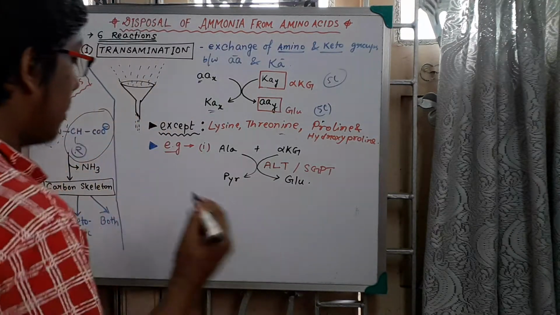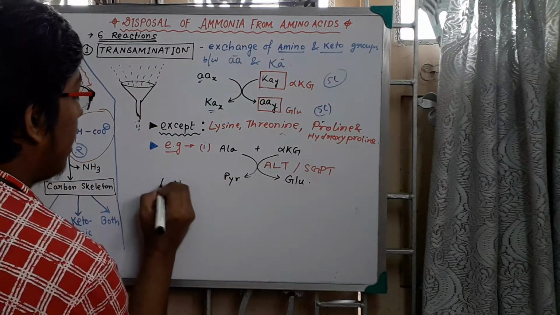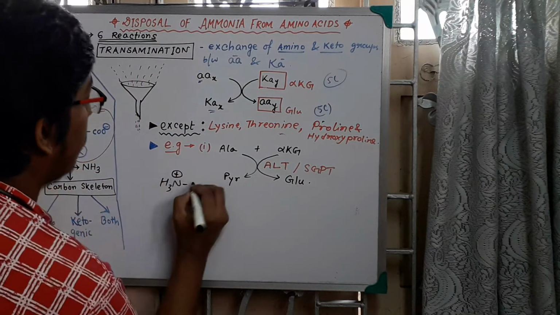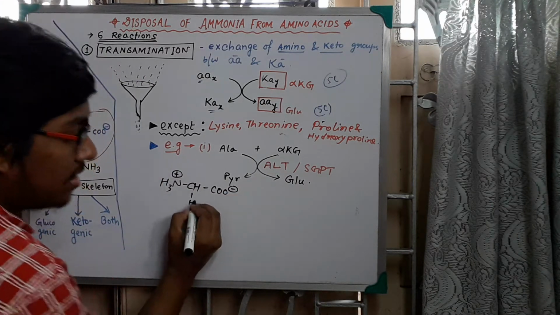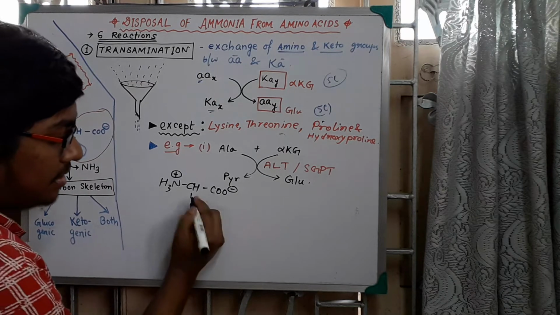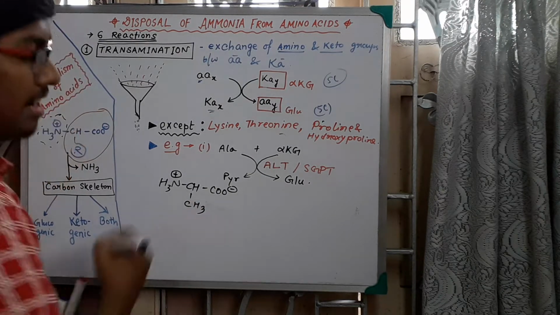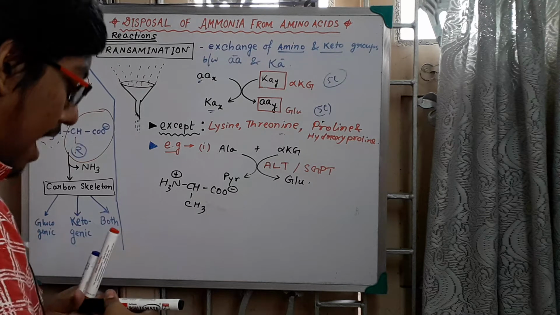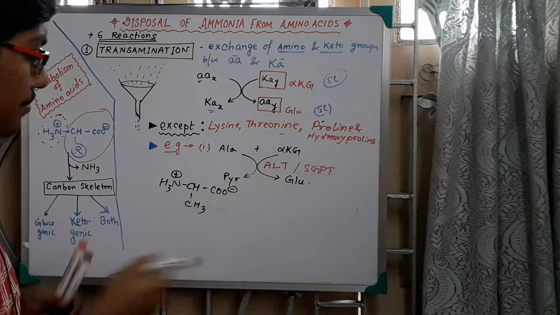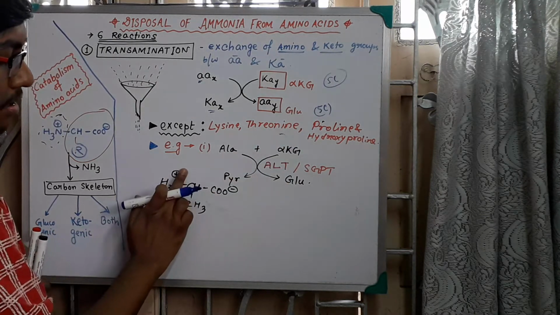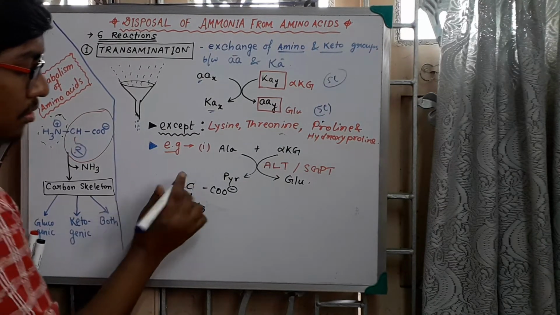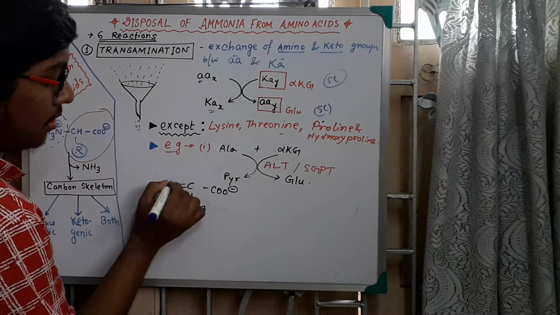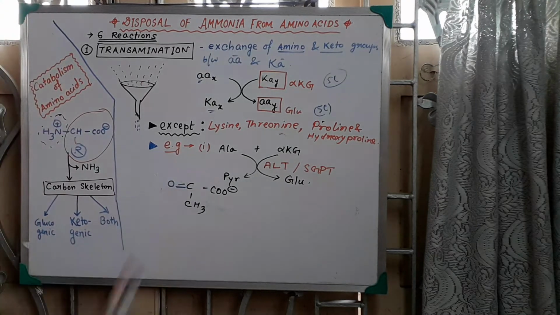Just think, this is NH3 plus, CH, COO minus. This is glycine. If it is CH3, then it is alanine. From alanine, if the amino group is substituted by a keto group, then it is pyruvate: CH3, CO, COO minus.